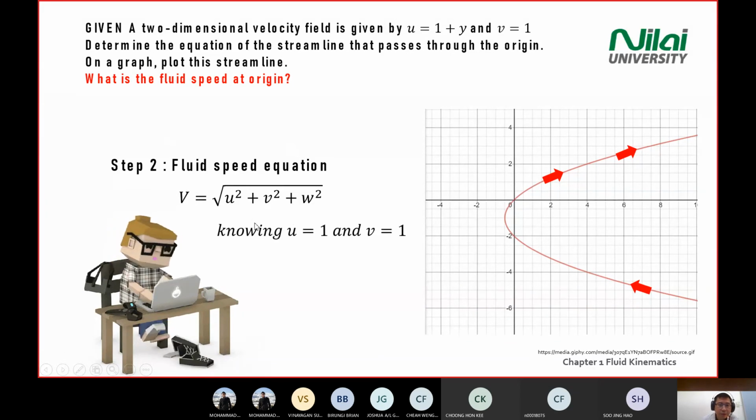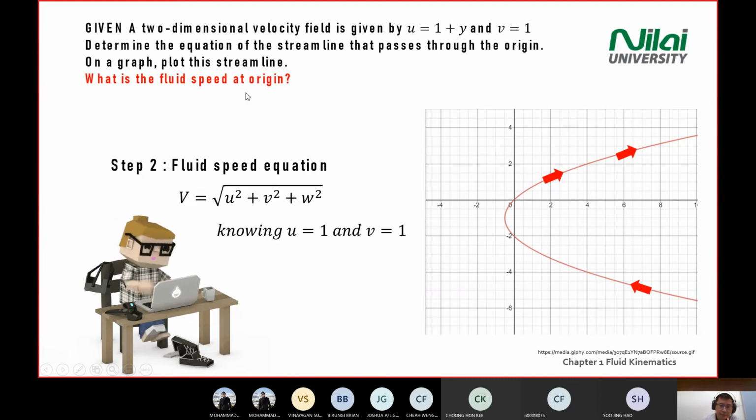At origin, your u equal to 1, v equal to 1, only at origin. At other locations it is not 1. Because the question asks you to find the flow speed at the origin.